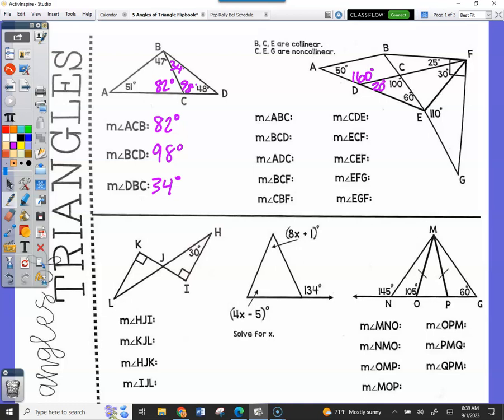Then the next part, you might have jumped around a little bit. In terms of going to what you know, look at this corner. There's a lot going on in this corner. There's a 25, a 30, and then what's that square? Square's 90. Do I have enough to find this? Yes, I do.